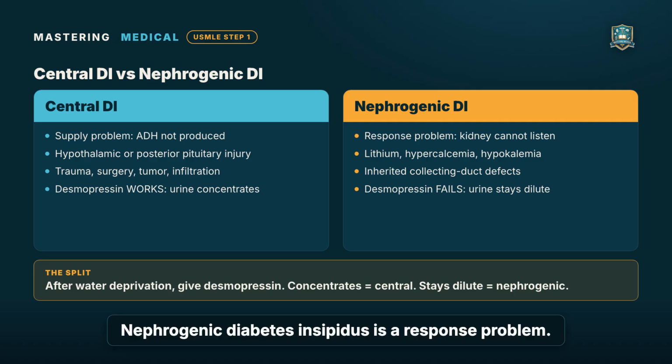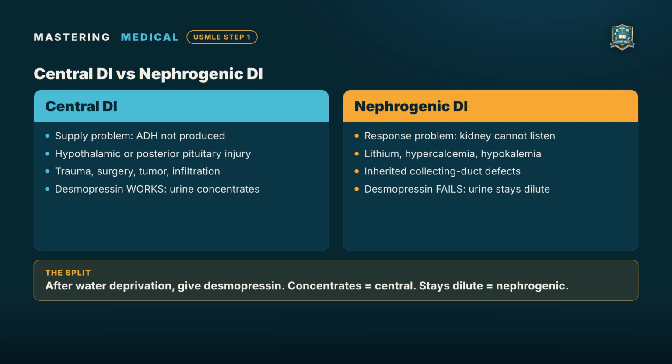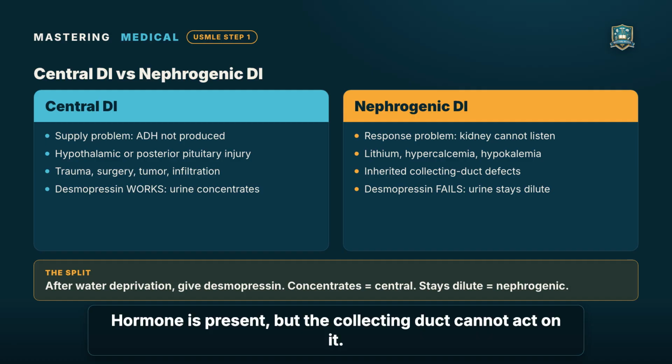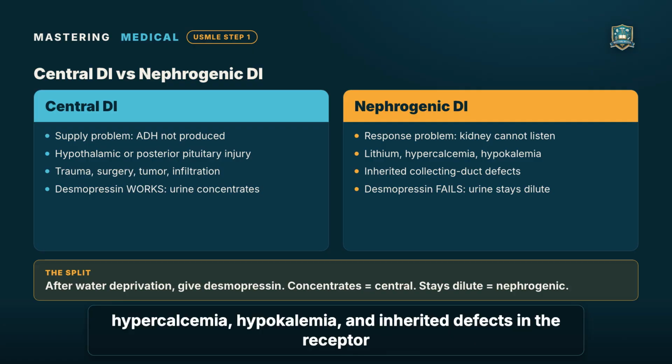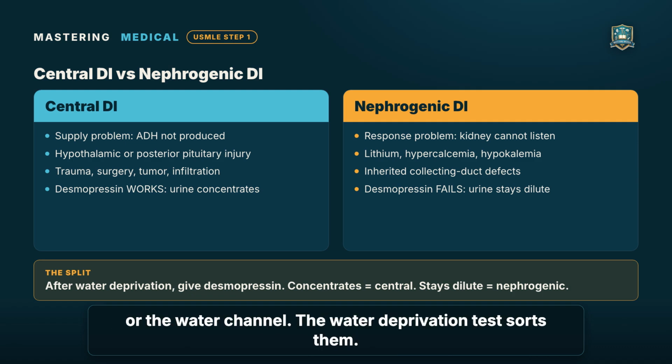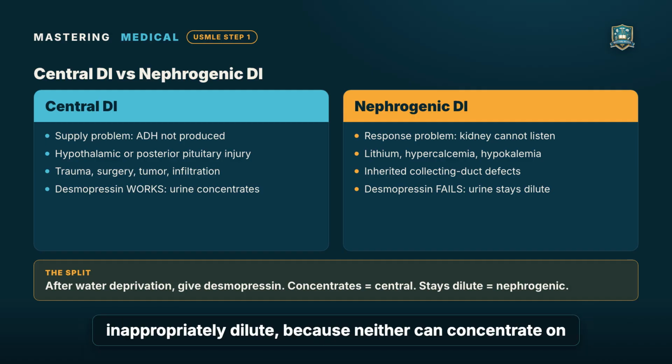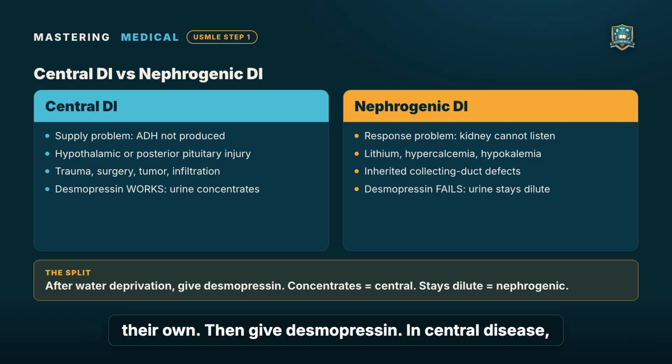Nephrogenic diabetes insipidus is a response problem. Hormone is present, but the collecting duct cannot act on it. The causes you must know are lithium, hypercalcemia, hypokalemia, and inherited defects in the receptor or the water channel. The water deprivation test sorts them. Deprive the patient of water, and in both cases the urine stays inappropriately dilute because neither can concentrate on their own.